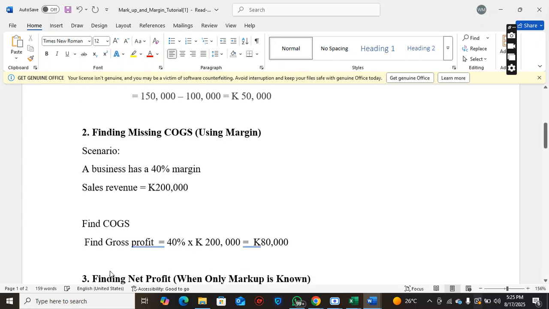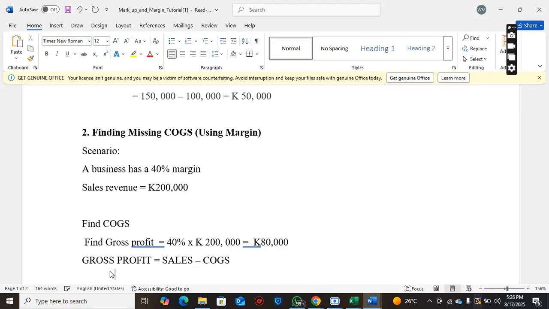Here we want to determine our cost of goods sold. So remember, gross profit equals sales minus cost of goods sold. So if we make cost of goods sold the subject of the formula, it's cost of goods sold equals sales minus gross profit.